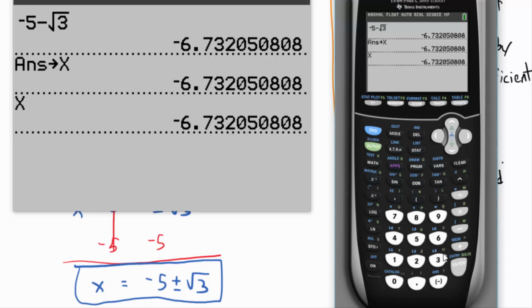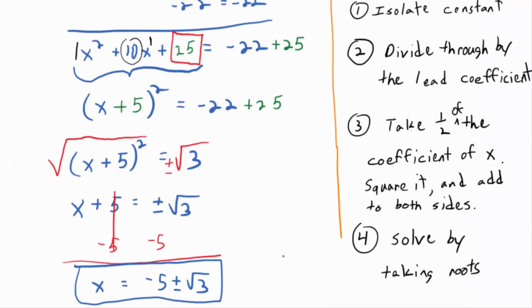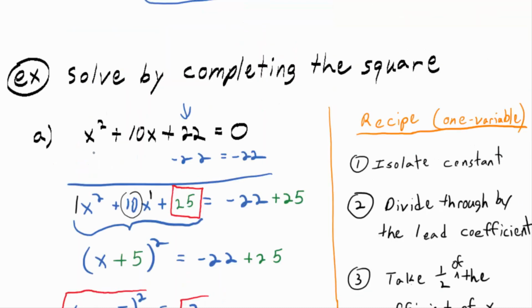Why is that so powerful? Well, now you can just type out the left-hand side of the original equation and see if you get the right number. So the original equation was x squared plus 10x plus 22 equals 0, right? So now when you type that in your calculator and hit enter, you better get something either 0 or really, really close.